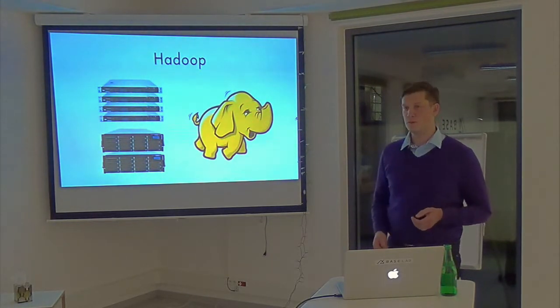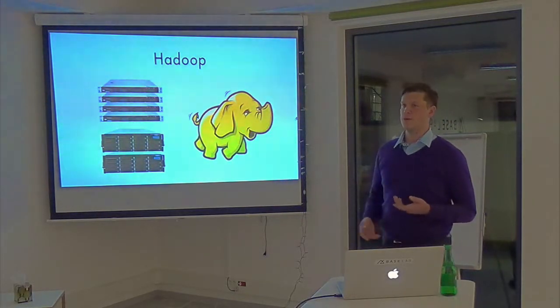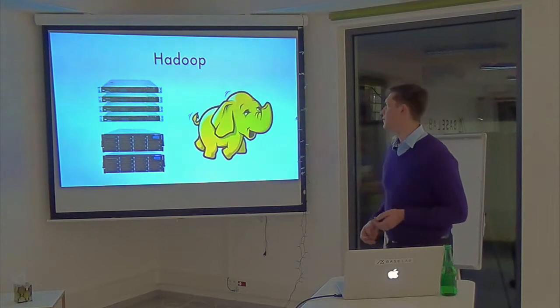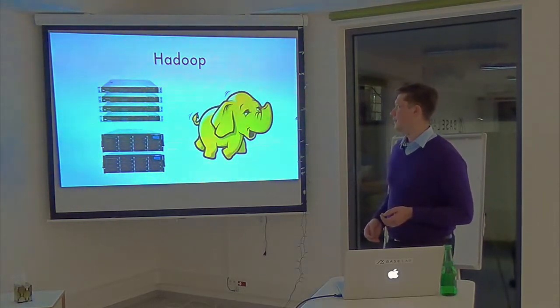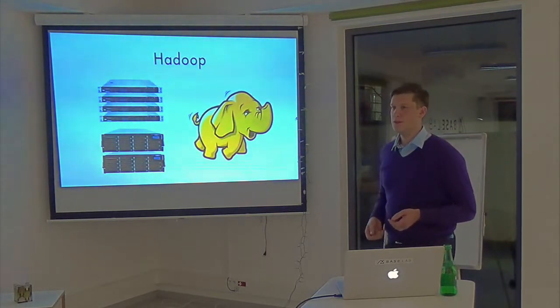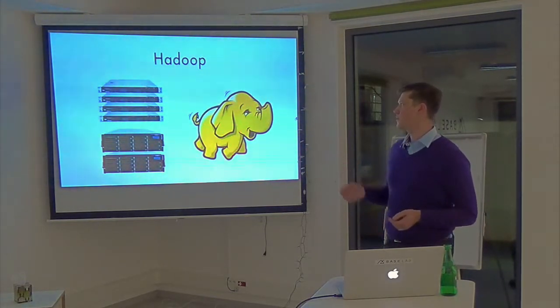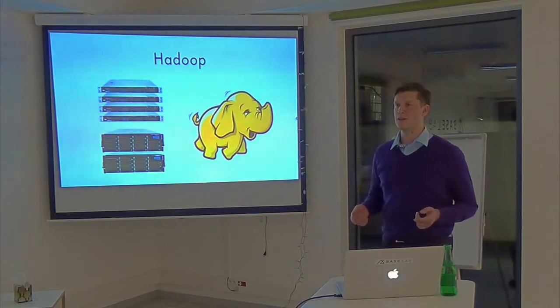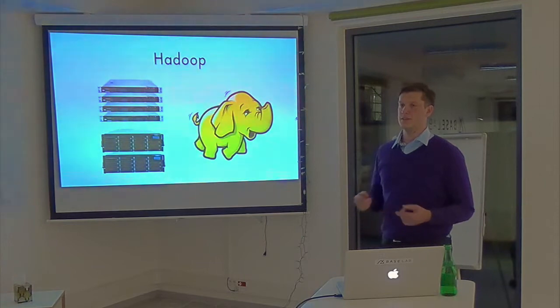To run any program, you probably need a file system under this to run your code and to store your data. So Hadoop provides this as well. It can provide both a local file system on every single machine and then a shared file system. It makes sure that if you run a single program on multiple machines, they all have access to the same data and can see each other's changes.